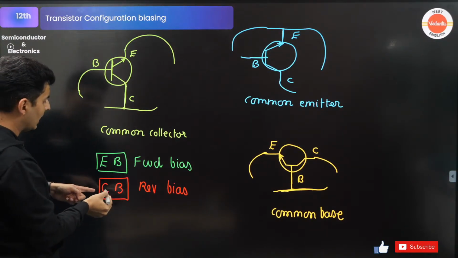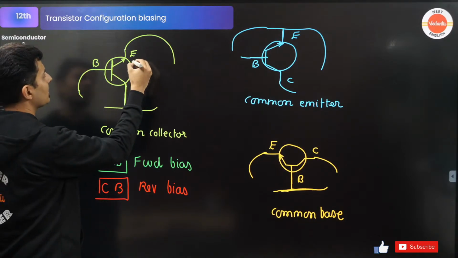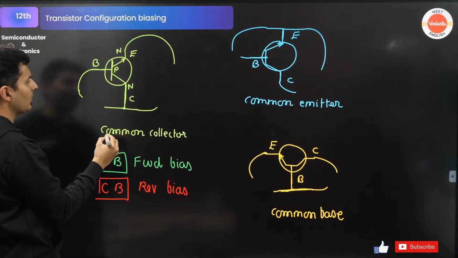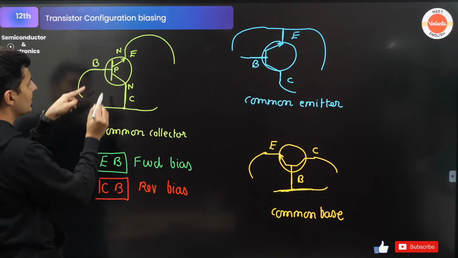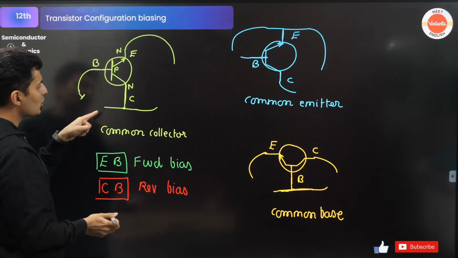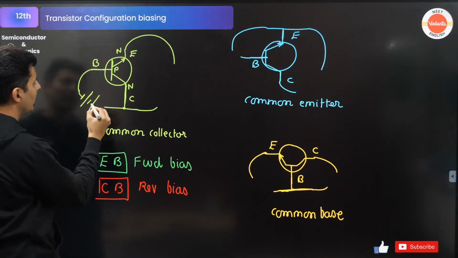Over here, collector base is reverse bias. I know over here this is N type, this is P type, this is again N type. So base collector is reverse bias, so P should be connected to negative and N should be connected to positive. So this is what I'm going to connect.